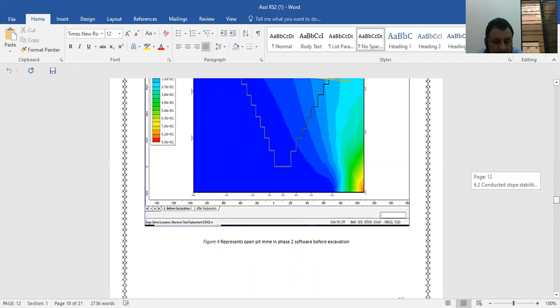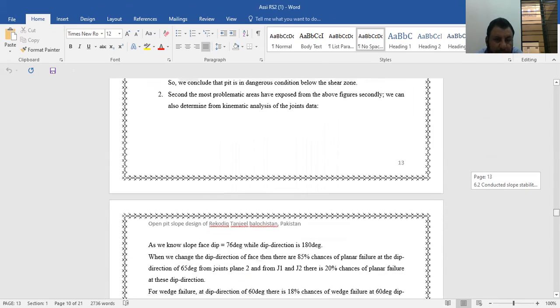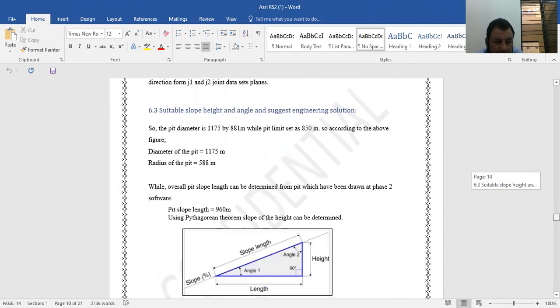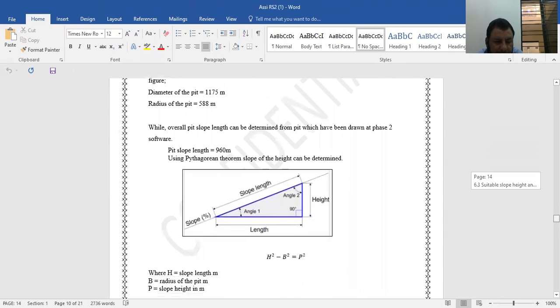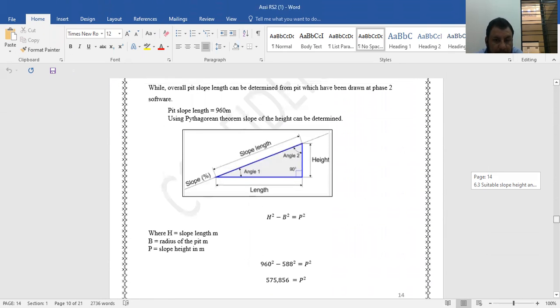We can also determine from kinematic analysis of joints. As we know, the slope face dip is 76 degrees while the dip direction is 180 degrees; in these figures all of them are shown. Suitable slope height and angle, and suggested engineering solutions.